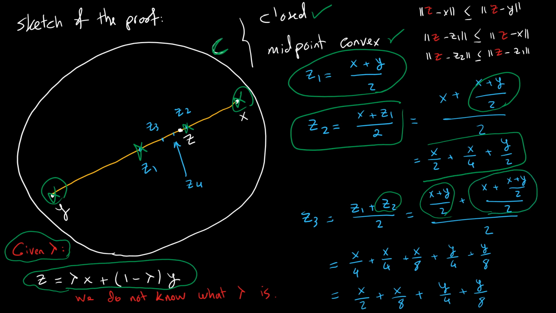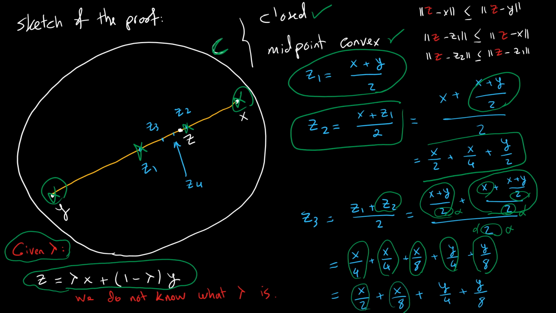And once I do this, I should have x plus y over 2, and then z2 was this guy. If you expand this out, we get x over 4 here, x over 4 here, and here we have x over 8, and for y we have y over 4 and y over 8.